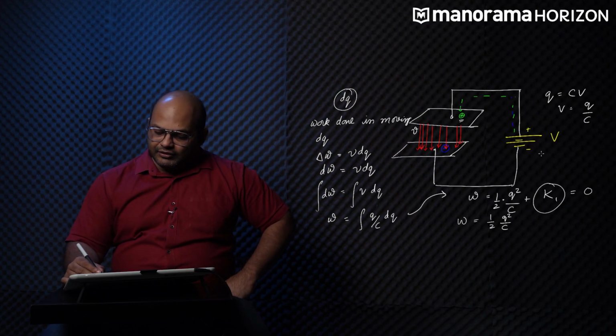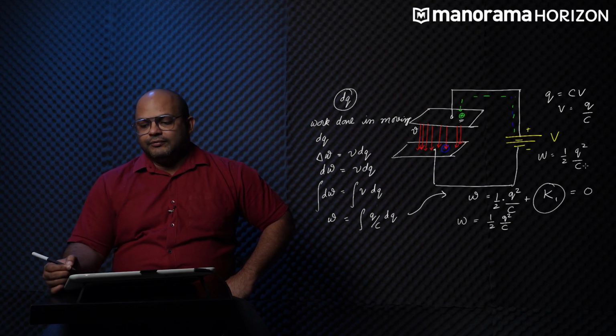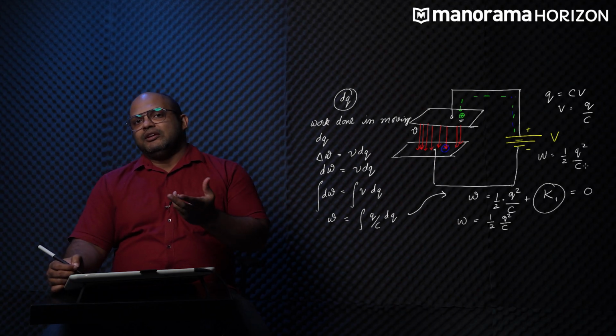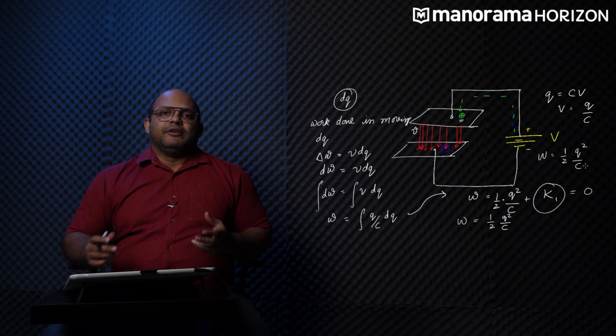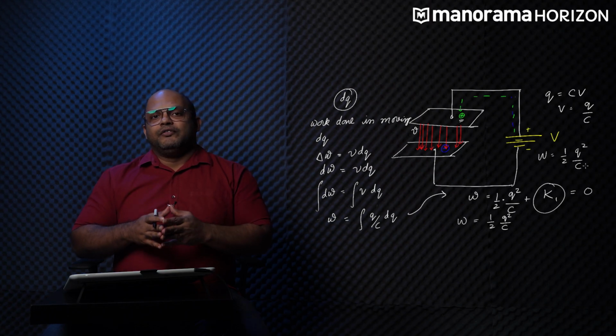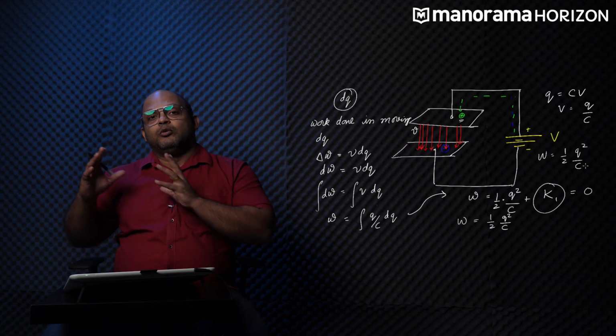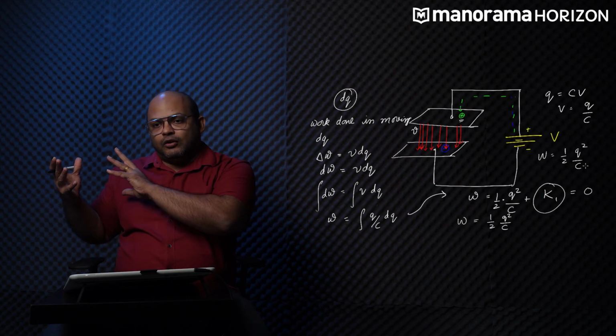So here we have the result, W is equal to half Q square upon C. Since we know that Q is equal to CV, the point at which the capacitor will no longer be charged further is the point where the voltage small v between the capacitor plates becomes equal to capital V, that is the potential of the source.